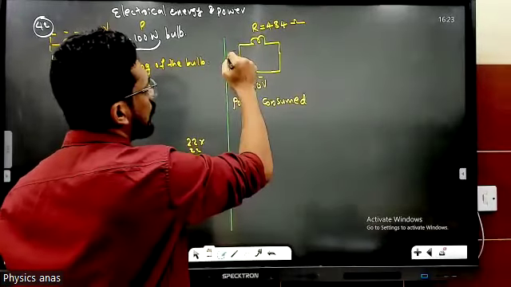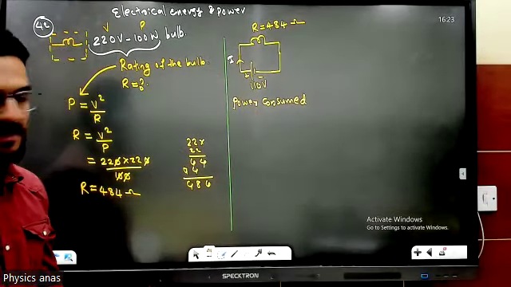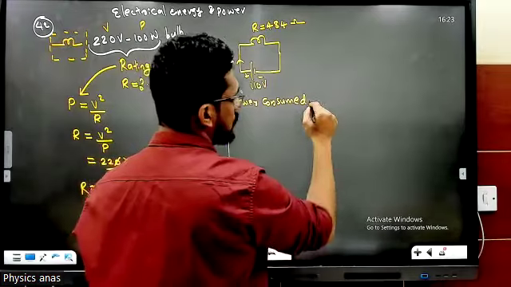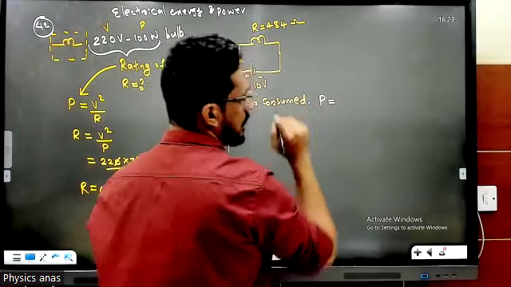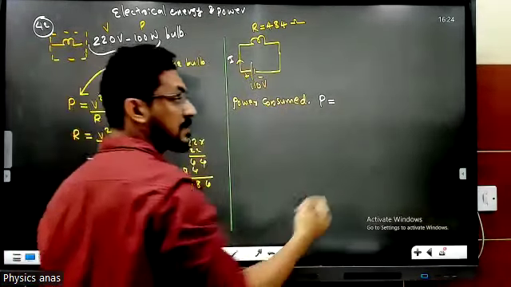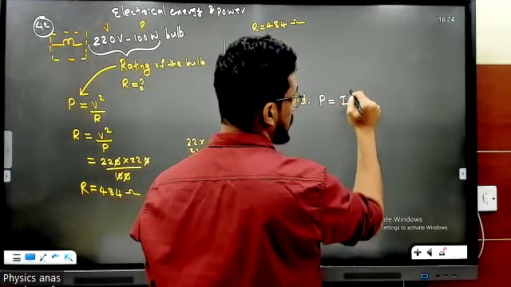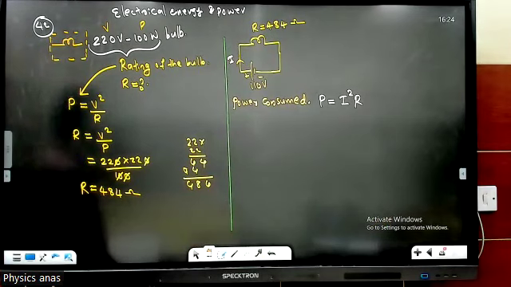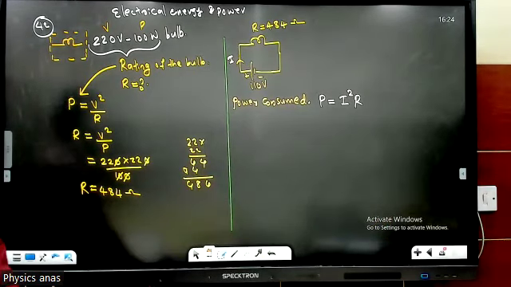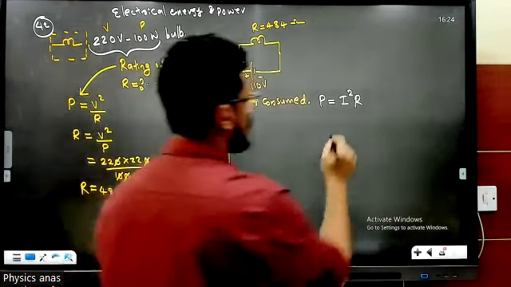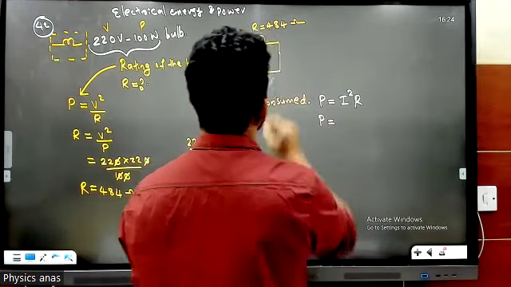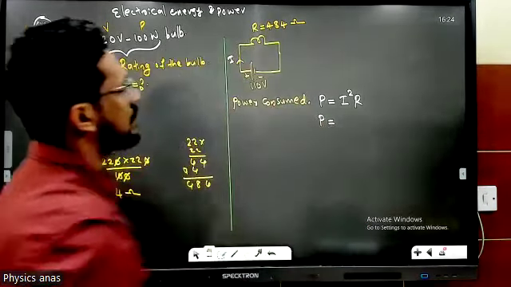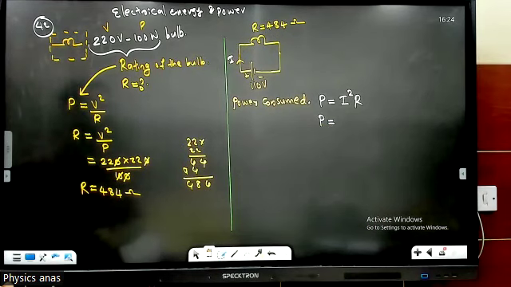And the power consumed, if there is a current flow, will be I squared R. So what will be the power consumed P? That will be I squared R.